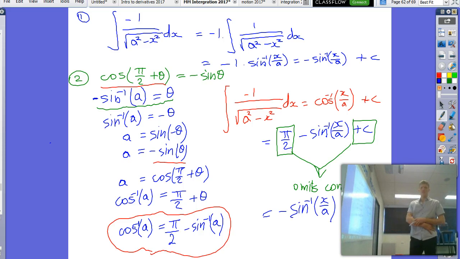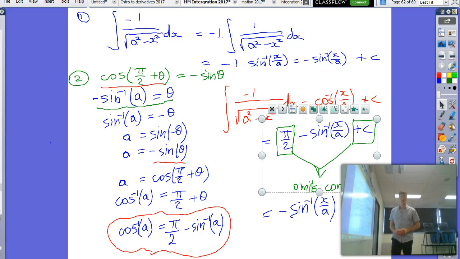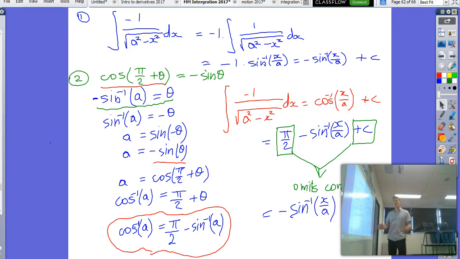And there you can see the equivalence and how we've ended up with such a result. It truly is involving this pi on 2, and that's an important thing. But CAS is not going to show that when you do an integration because it brings the constants together, even constants we know, like a pi on 2 together with the c, and it omits it completely. It cuts it off. Not very helpful.